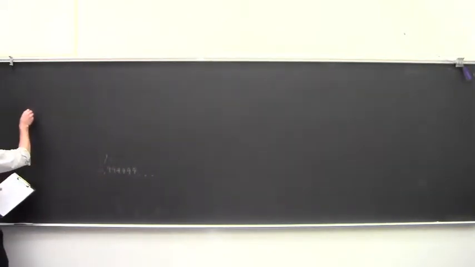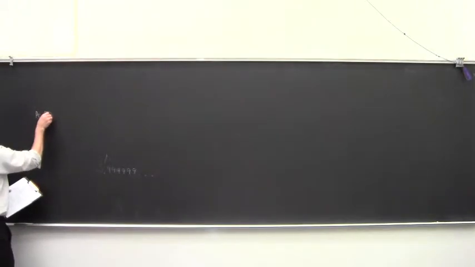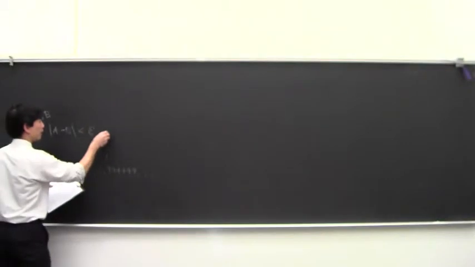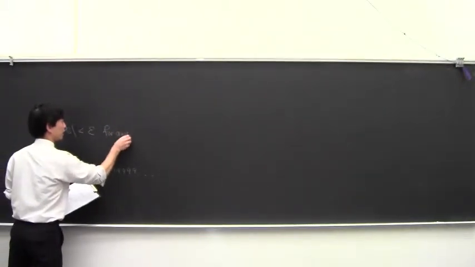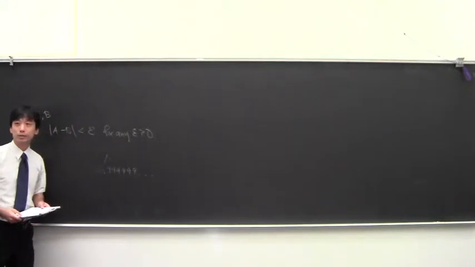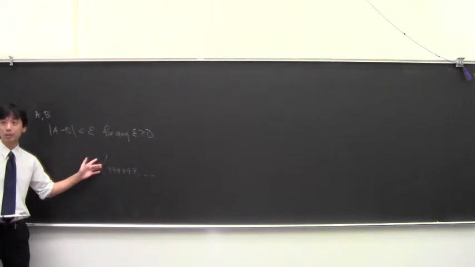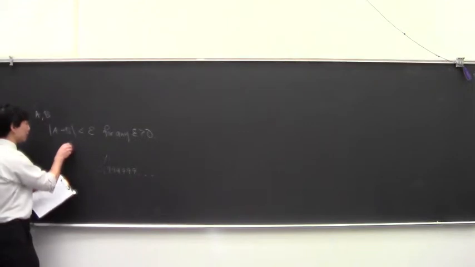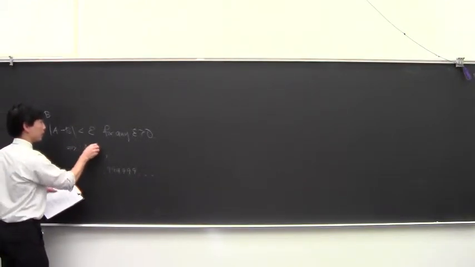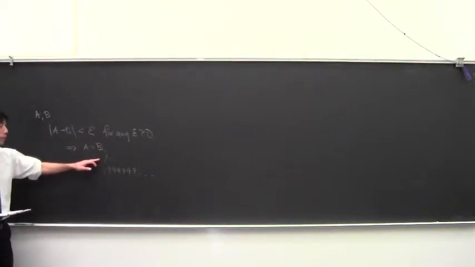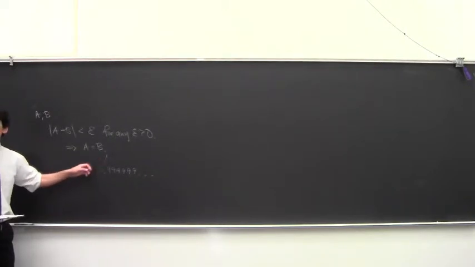In fact, you have two numbers, and the difference between them is smaller than epsilon for any epsilon you choose. So for any number you choose, the difference between these two numbers is smaller than that, and we basically take that to say that they must be the same number. So we consider 1 and 0.99999 to be the same number in our real number system.